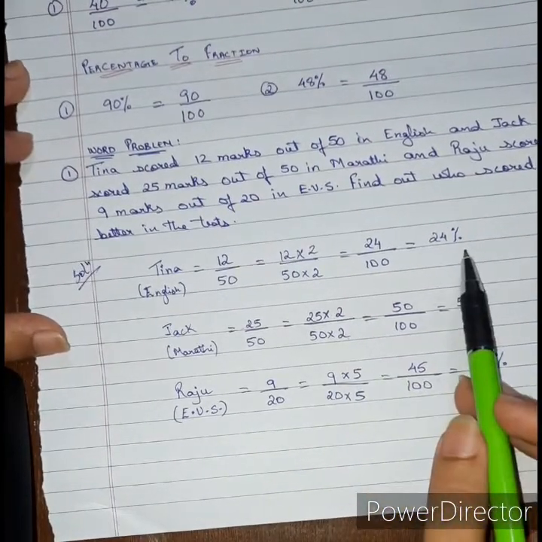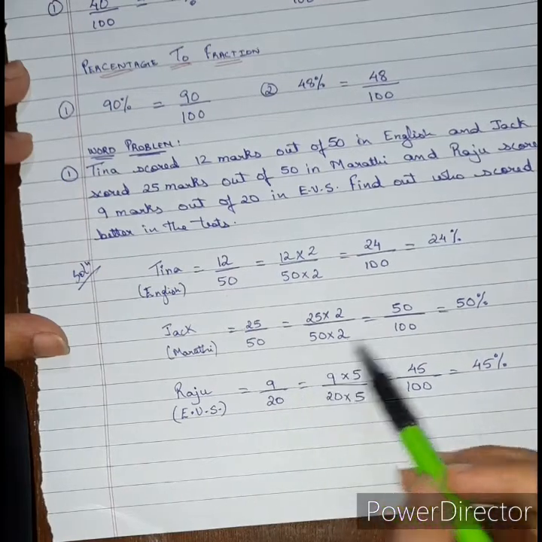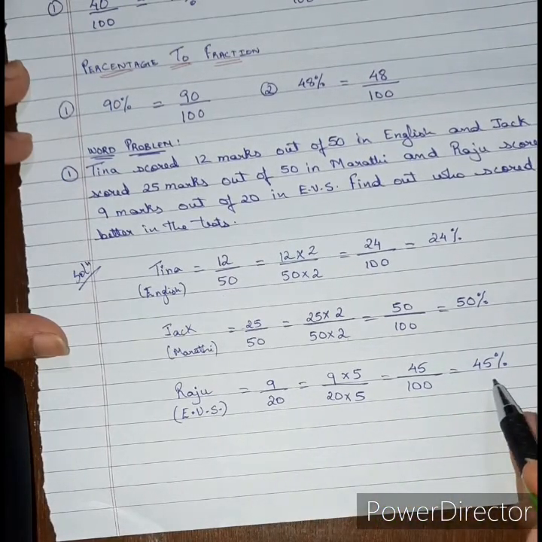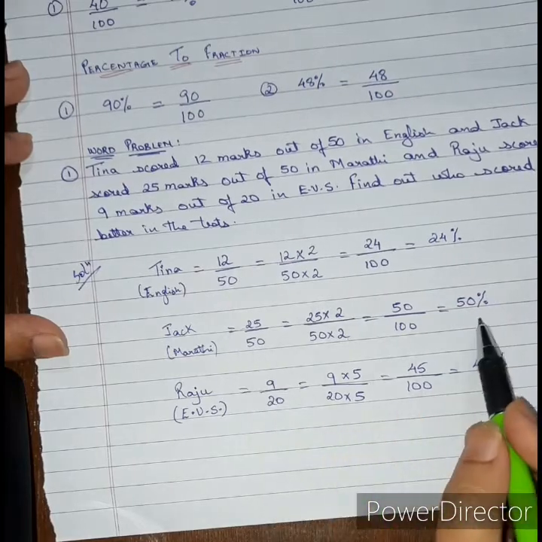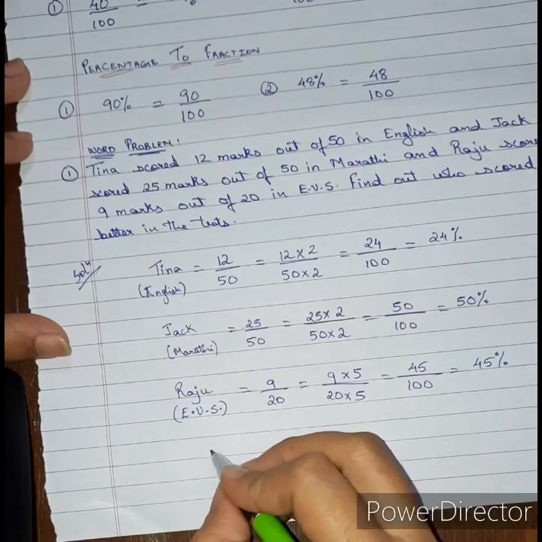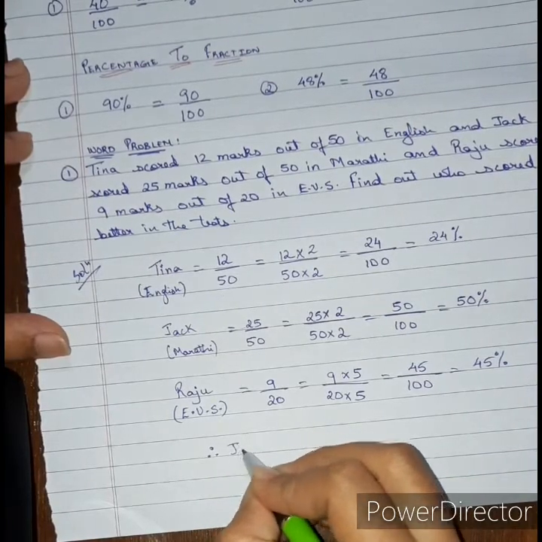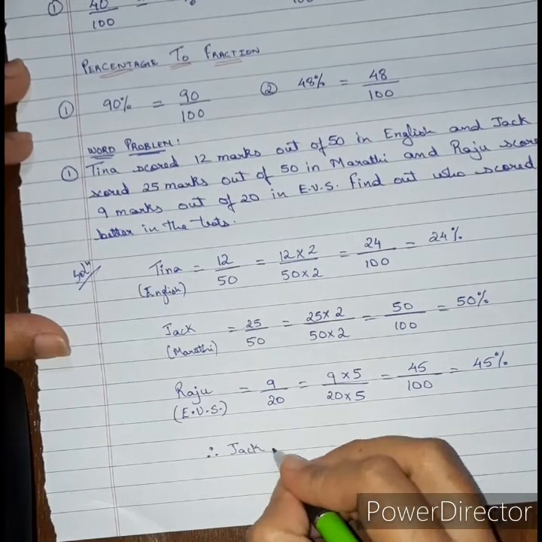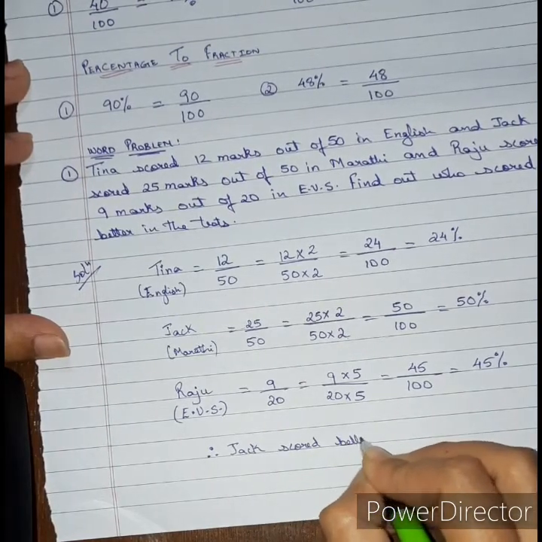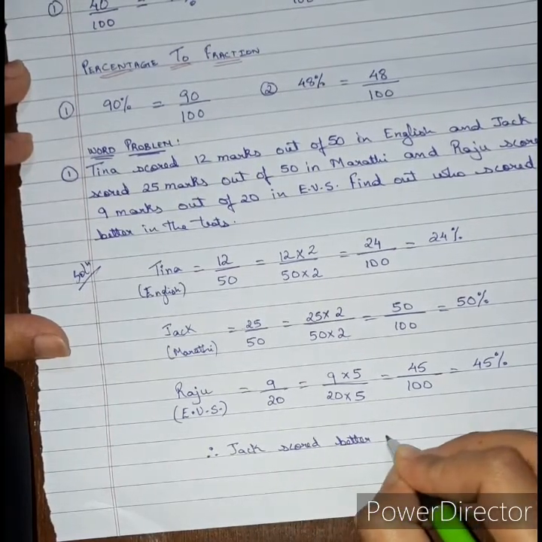You think Tina has scored 24%, Jack has scored 50%, and Raju has scored 45%. So I think Jack has scored much better than the other two students. Therefore we will write Jack scored better in the test.